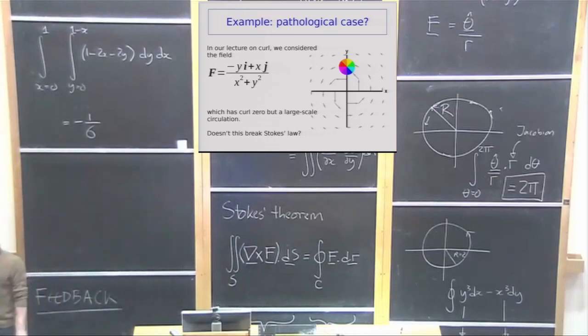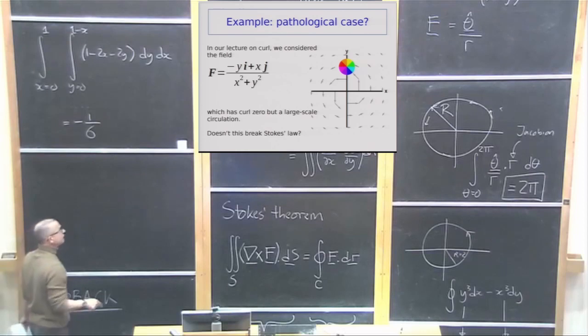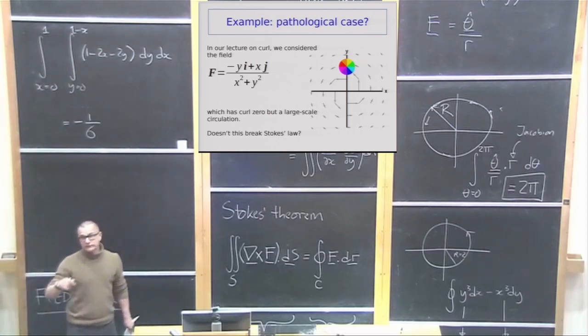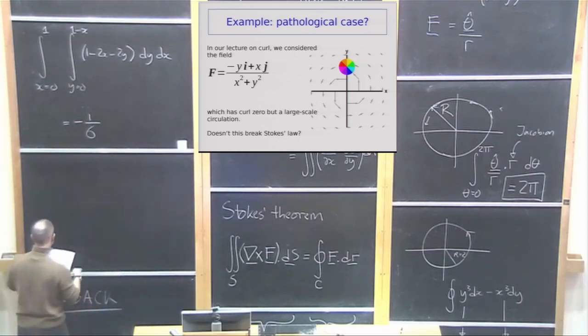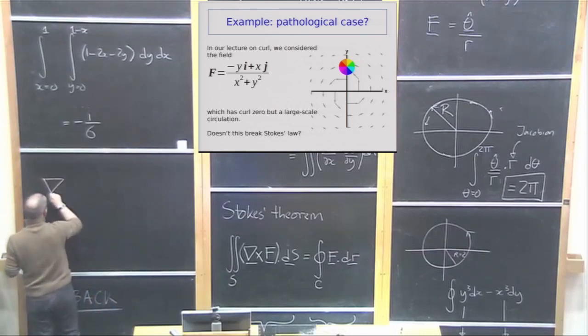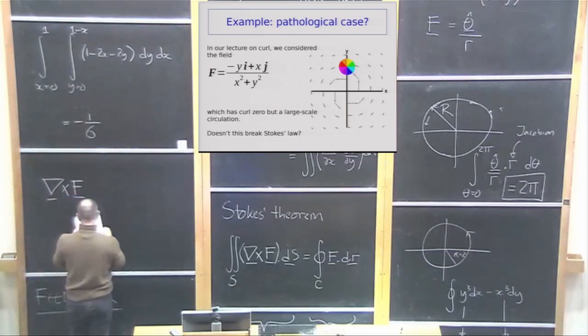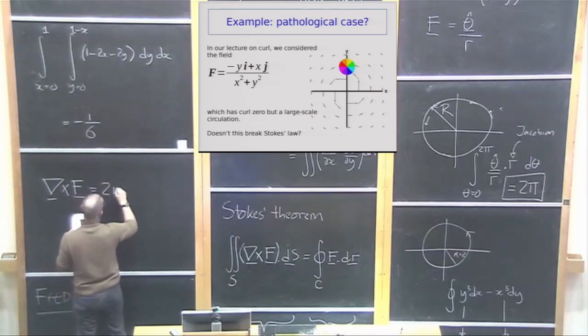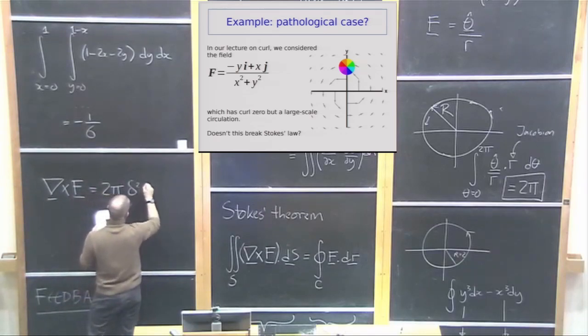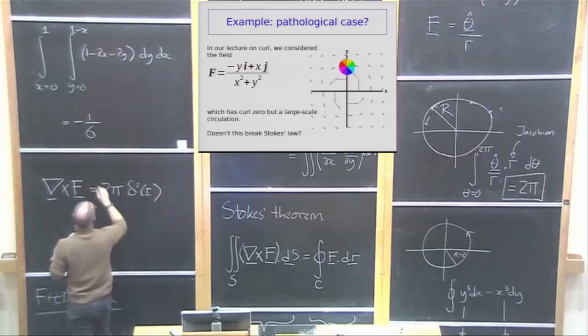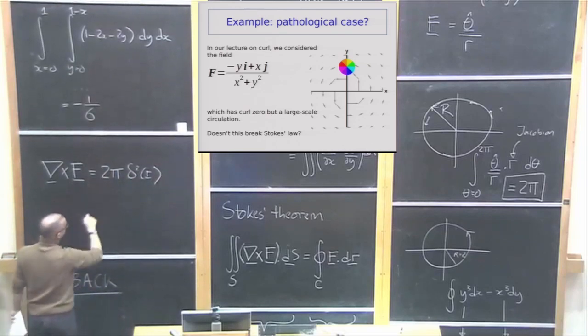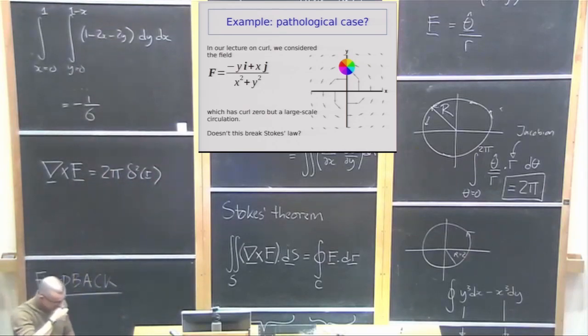So recalling our discussion yesterday about the use of the Dirac delta to get us out of a similar problem with the divergence, what we say is that for this particular vector field, the curl is 2 pi delta of r, where this is the 2D Dirac delta.